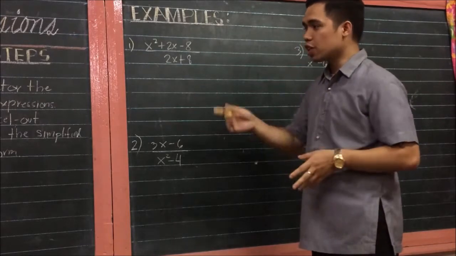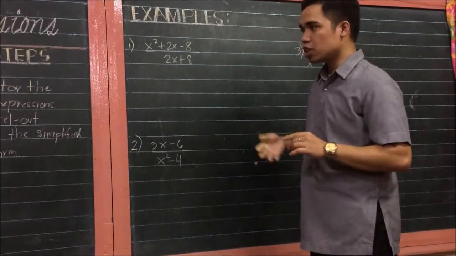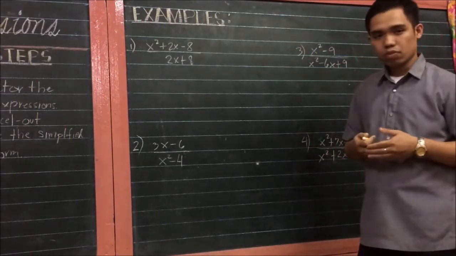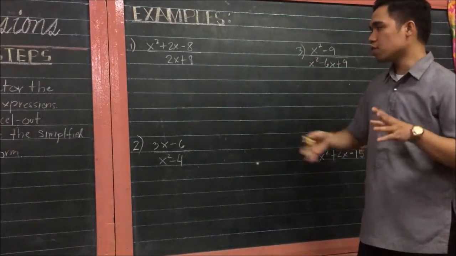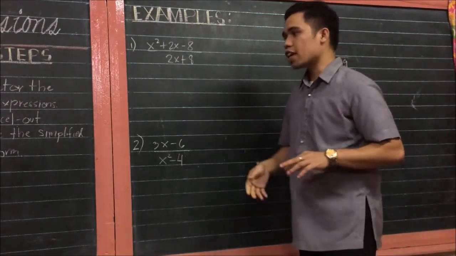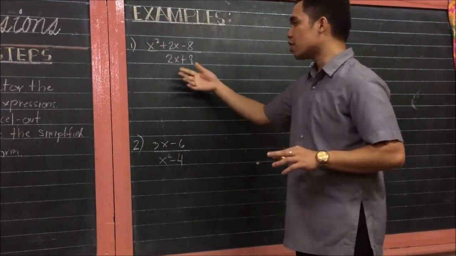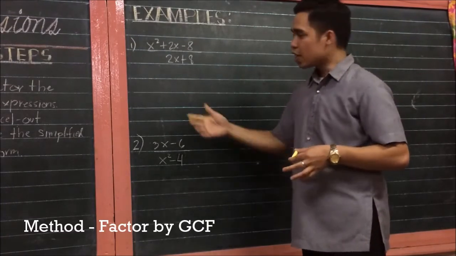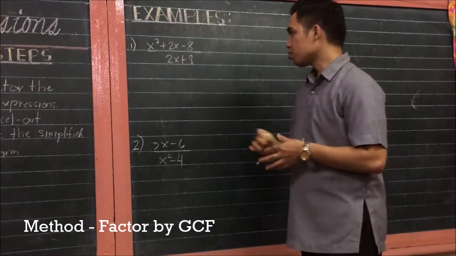Okay, that's correct. Factoring trinomials. And how about the denominator? Can we use factoring difference of two squares? Okay, we cannot use factoring difference of two squares because in the first place it's not subtraction, and at the same time these are not perfect squares. But we can factor this by GCF because they have common factor.